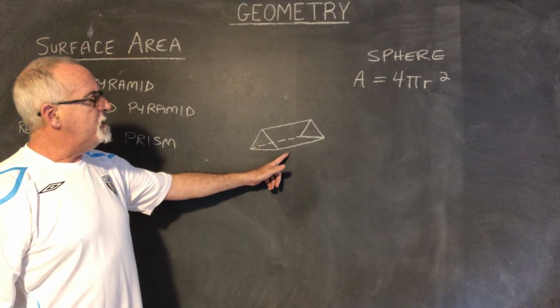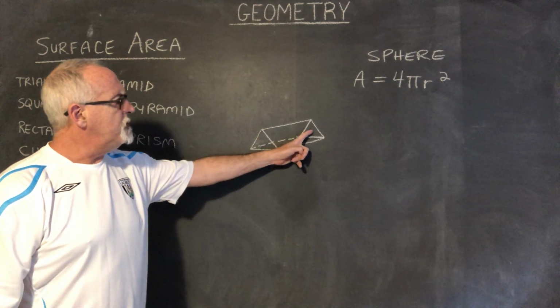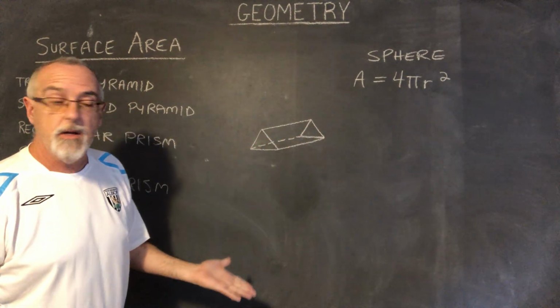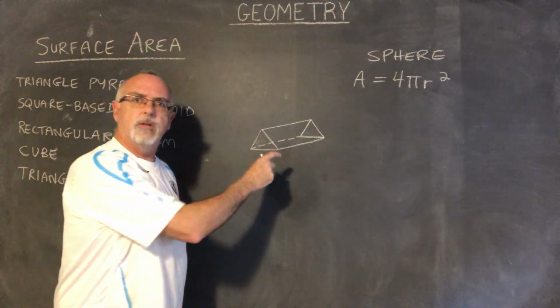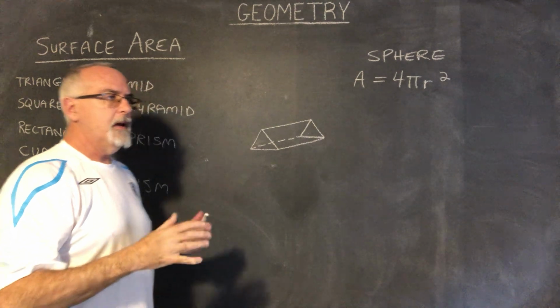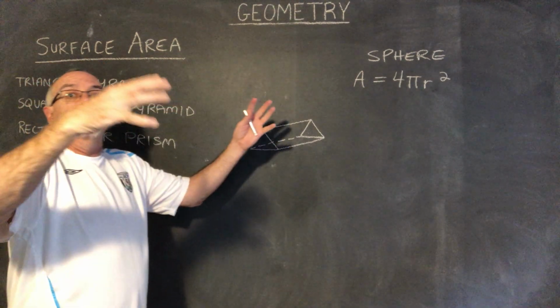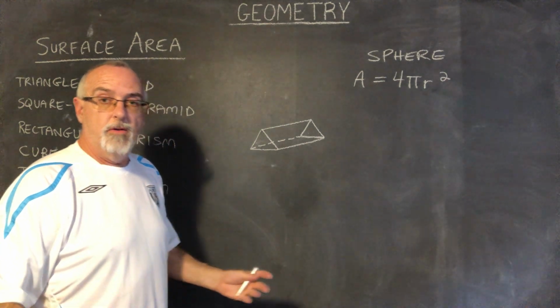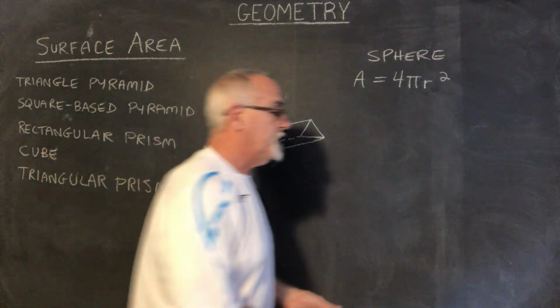How would we find the area of this? The area would be the total of the area of these 2 triangles, which would be equal to each other, and the area of these 3 rectangles. Interesting. When you get into the 3-dimensional geometry, so many things can happen. You think you have one simple little shape, and it turns out it's a whole lot of possible shapes.